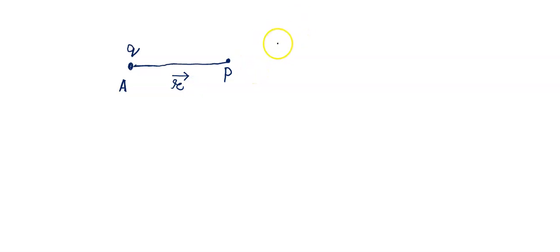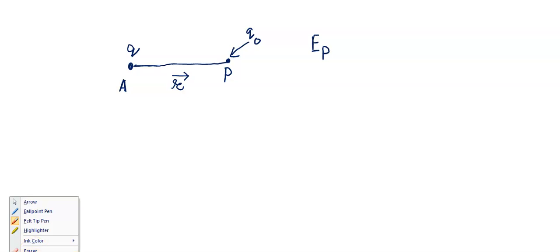Now what will happen? We have to find the electric field intensity at this point P, E_P. So how will we do that? First of all, we will keep a test charge q naught on this point, and once we keep the test charge, we will try to find the force on it.